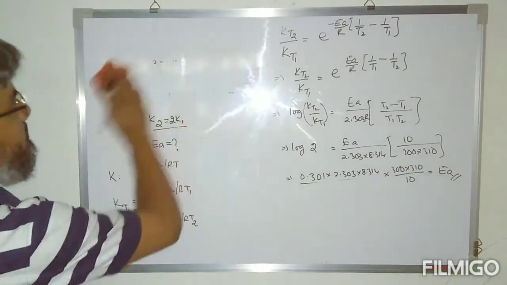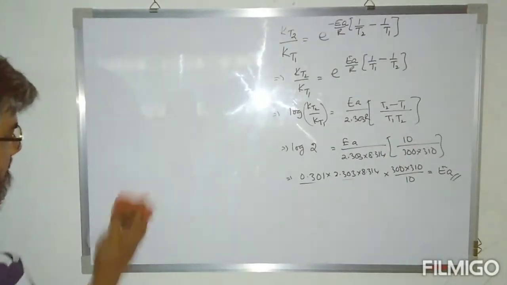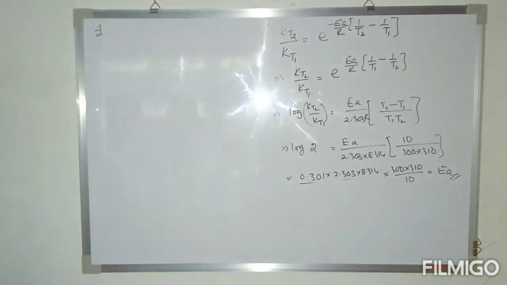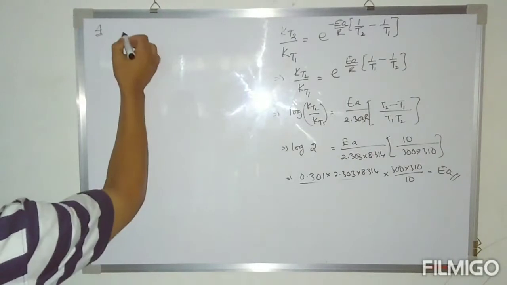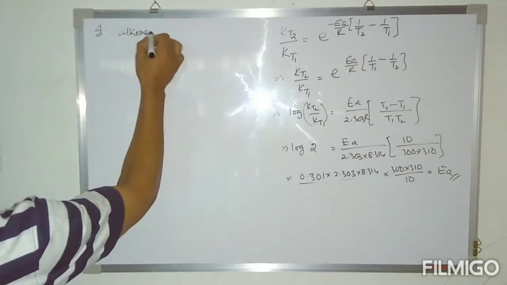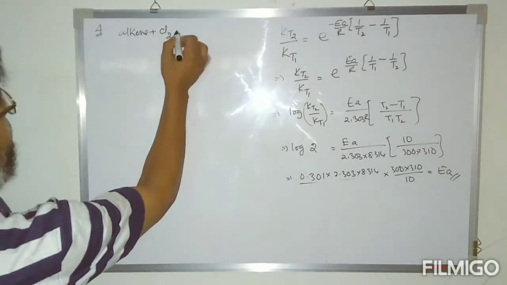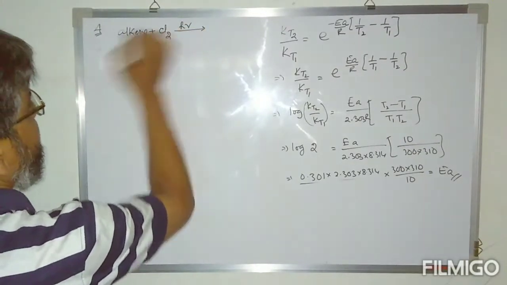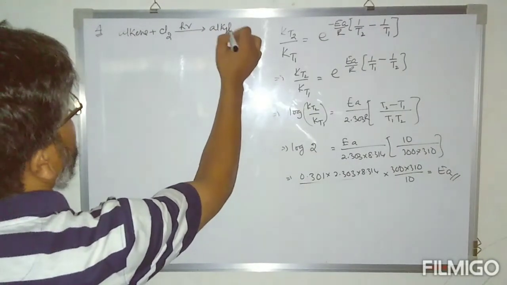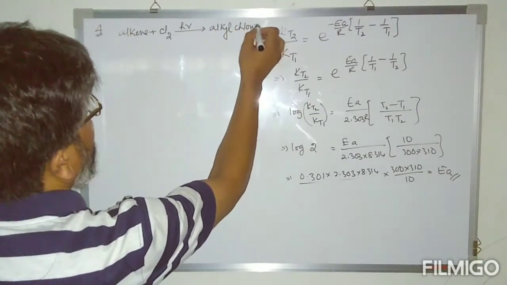Next question, question number 4. The question says, suppose we have an alkene plus fluorine in presence of sunlight, we get alkyl fluoride.